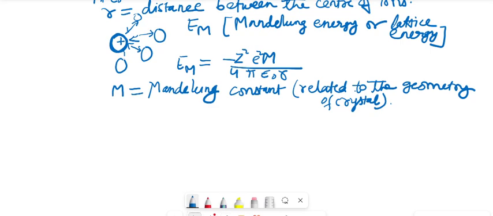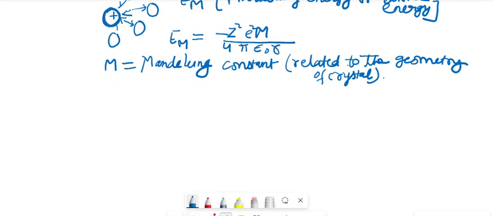Now, what is the repulsive term? I have said earlier that at some short distance of closest approach, there is a repulsive force operating between the ions. So let us find out what is the repulsive term of the potential energy.